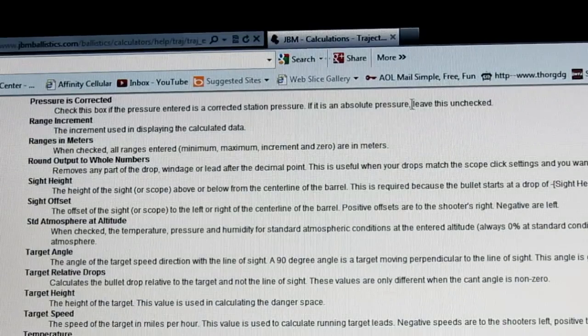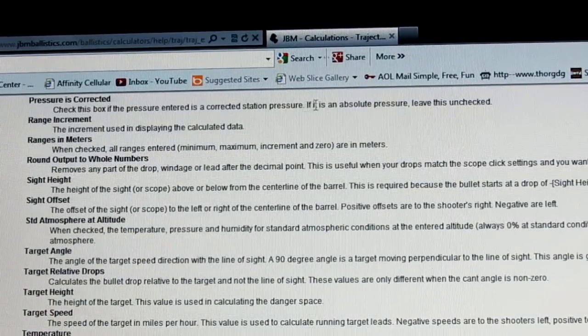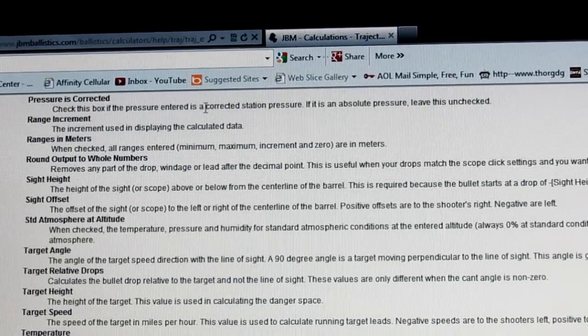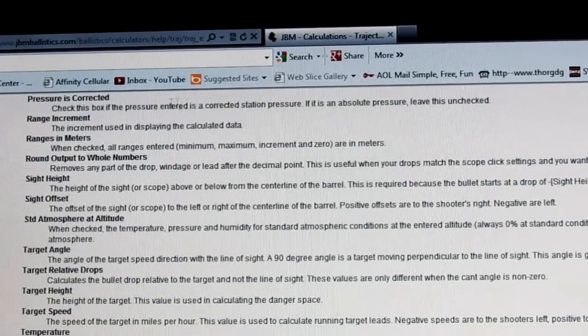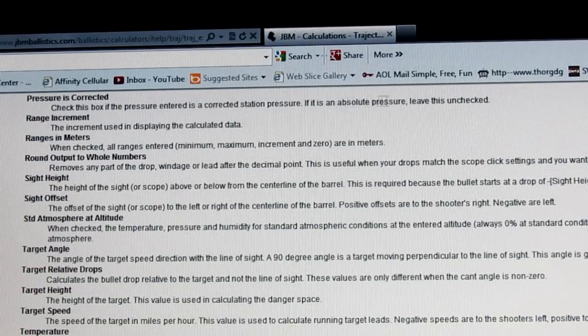You're going to measure the pressure in the field because corrected station pressure is totally different. You'd have to type in your altitude then. That's what meteorologists use to get pressure trends over large areas so they can see what the weather's going to do. But for measuring atmospheric density like we're concerned with, you're just going to use absolute pressure. So leave this box unchecked.